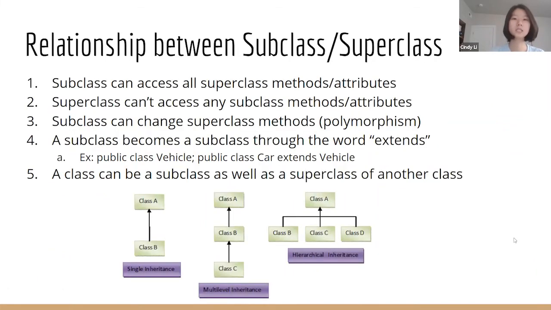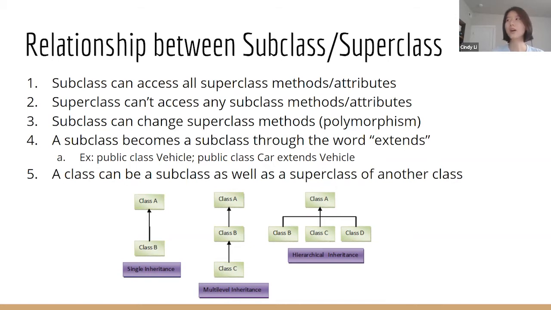Now, the relationship between subclass and superclass. There are quite a few rules associated with subclasses and superclasses. If you don't remember, the subclass is the child class, the superclass is the parent class. Let's get started. Number 1, a subclass can access all the superclass's methods and attributes.